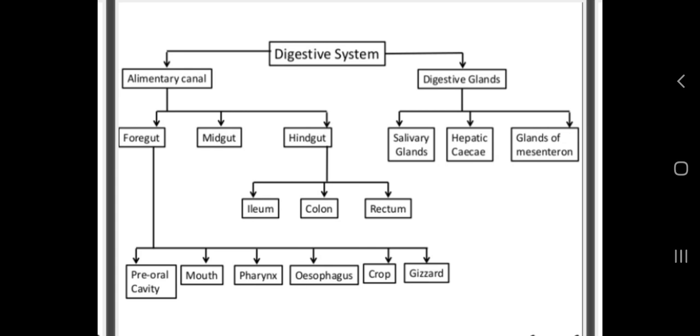The other digestive glands are the hepatic ceca and the glands of mesenteron.